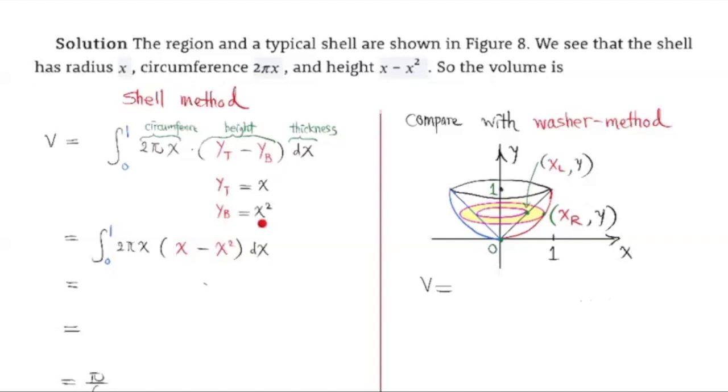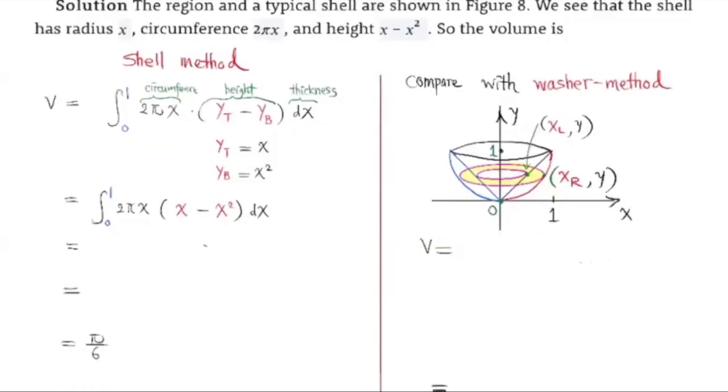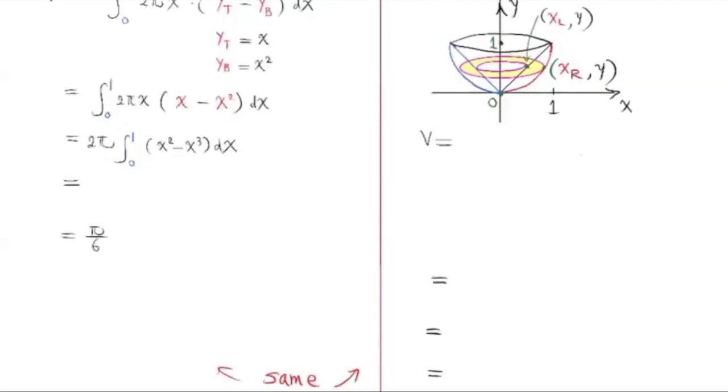So this subtract that will be x minus x squared, so that's the height. Now we can evaluate this integral by taking this 2 pi out and then finding the antiderivative of this. Now we substitute x to be 1 and x to be 0 and do the calculation. We get pi over 6.